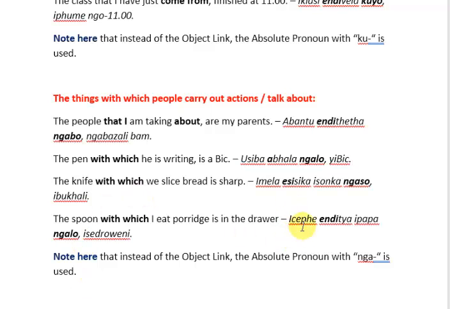So the spoon, which I eat porridge, ngalo, with it. And here, instead of the object link, we use nga together with the absolute pronoun. So it's important that you revise the absolute pronoun again to make sure that you know how to use it, because it features prominently in this particular construction.